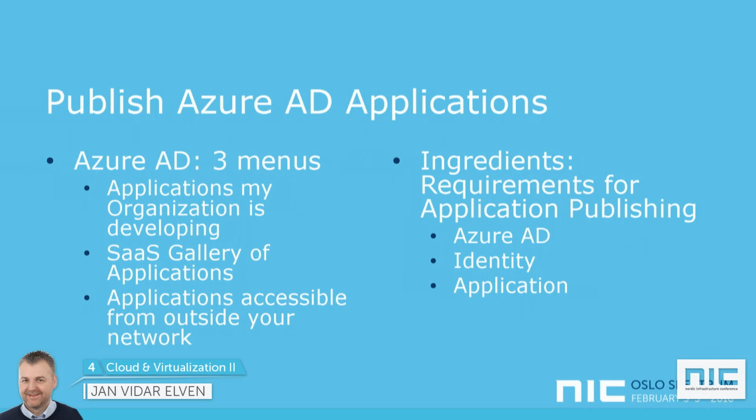There are some differences between what we can do with those. Identity, we can run mainly cloud identities if we want. Most will have hybrid identities. And we need, of course, applications to publish. So we do have to have some applications we want to publish. So we will look into that. So this is the picture.